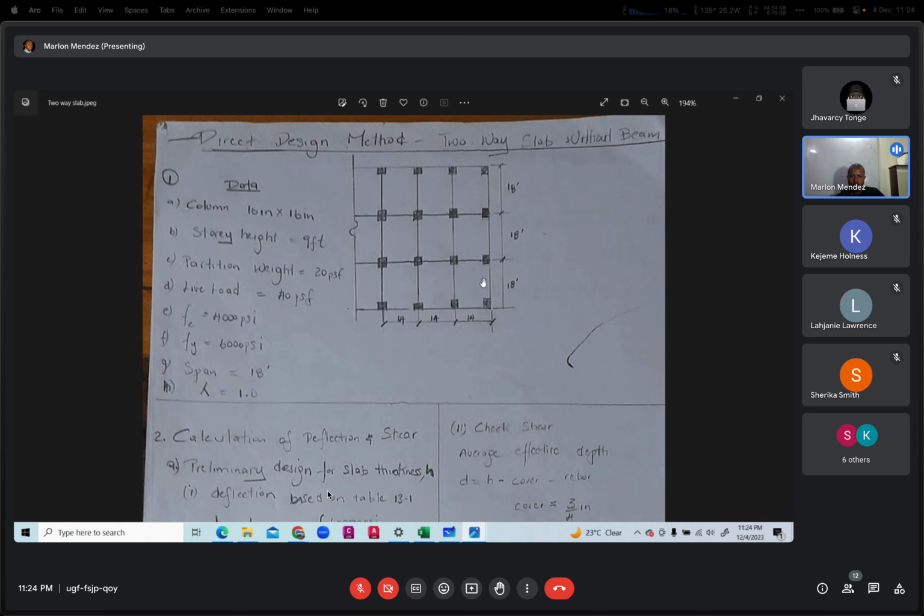Note that in one direction, you have to know the slab depth. I call this external, internal, external. There are some conditions to be met in using this, and we'll get into it in terms of the loading, the span, and how the columns are placed.